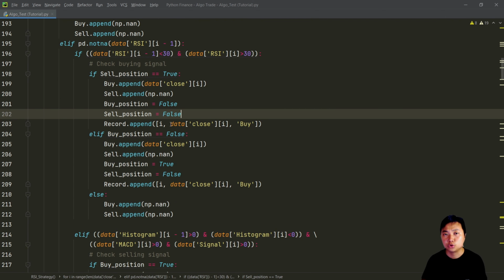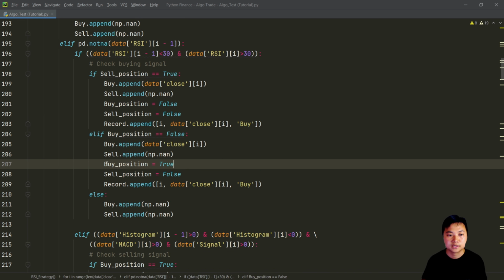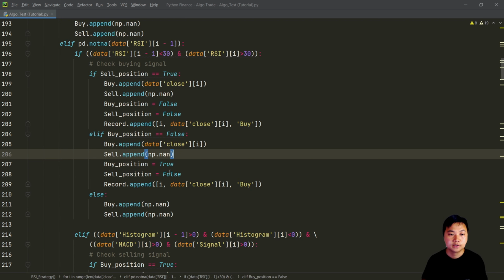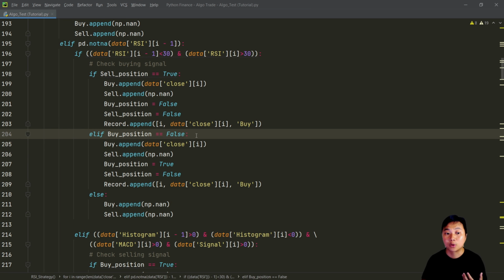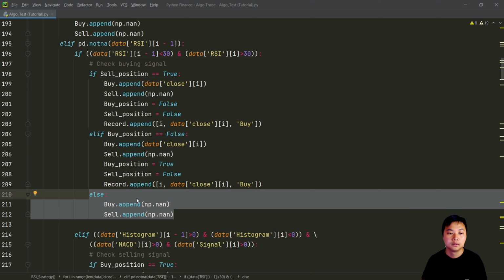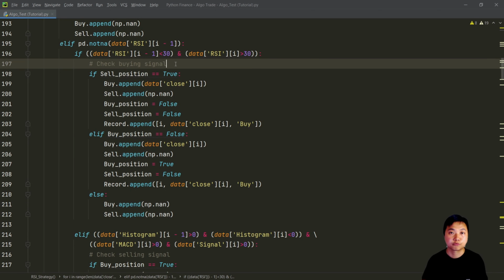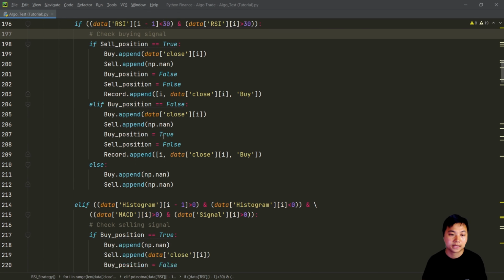And just in case we do not have any sell position, we would like to buy the stock, so you can see that the buy position will change to true. And finally, if we do not have any selling position and we already have a buying position, we're not going to buy an extra stock or further long the market. We will just do nothing. And this completes the first part, the buying signal.